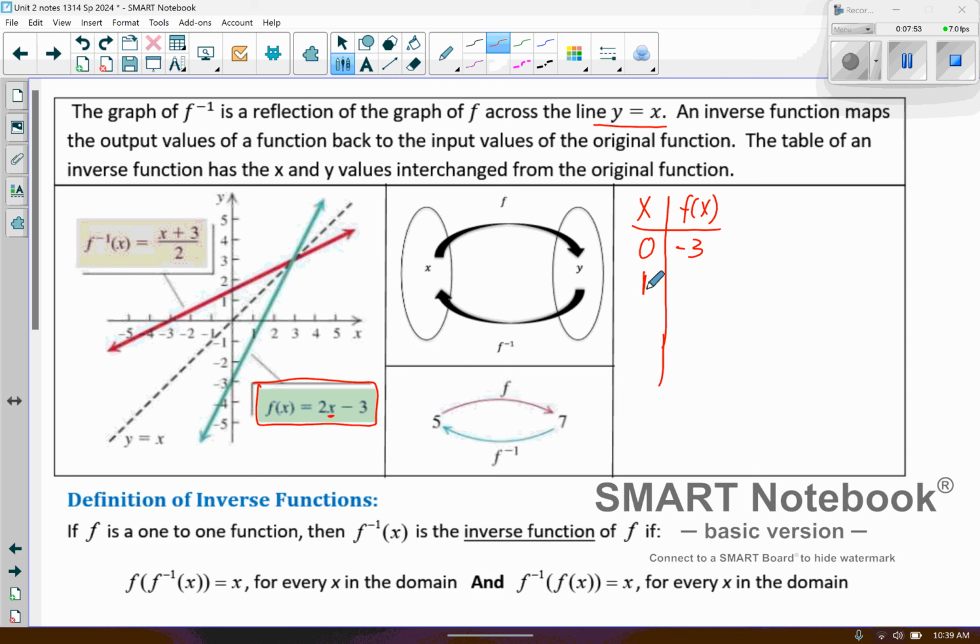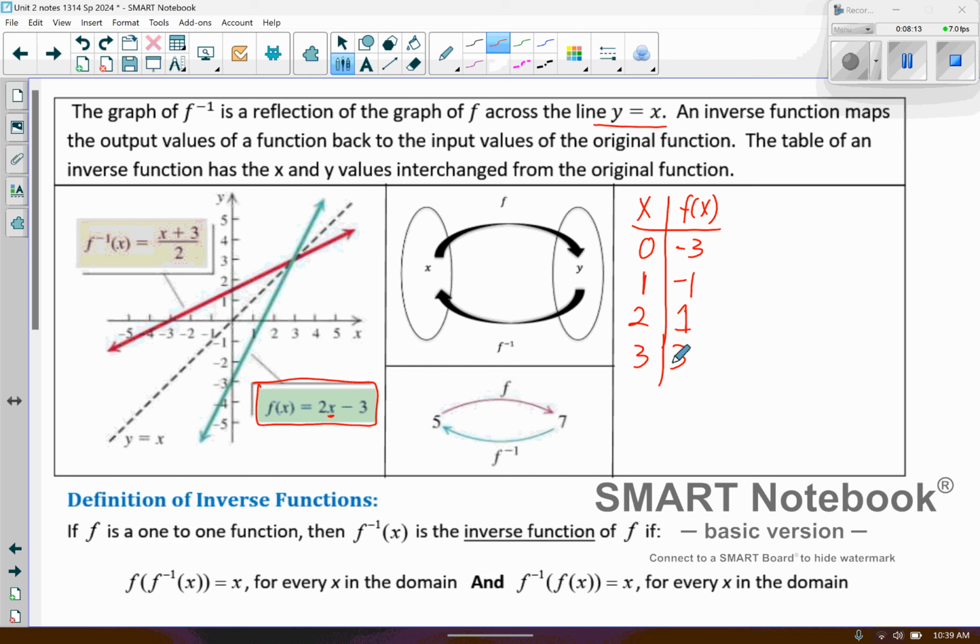Let's plug in 1. 1 times 2 is 2, 2 take away 3 is -1. If I plug in a 2, 2 times 2 is 4, minus 3 is +1. And I'll do one more. Let's plug in 3. 3 times 2 is 6, 6 take away 3 is 3.